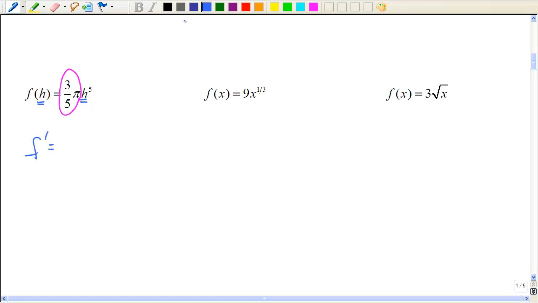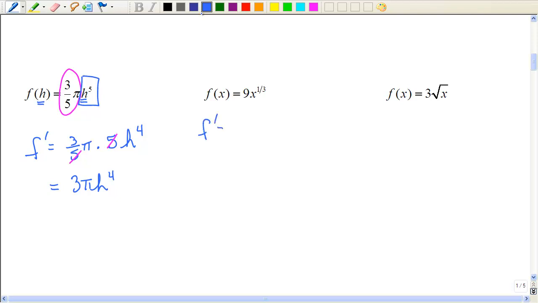So just like in the above example where there was a 5 in front, we're going to take 3/5 pi, leave that, and take the derivative of h to the 5th, which would be 5 times h to the 4th. And then we would simplify that and get 3 pi h to the 4th. So if there is a number in front, you just leave it there and it's going to be multiplied.